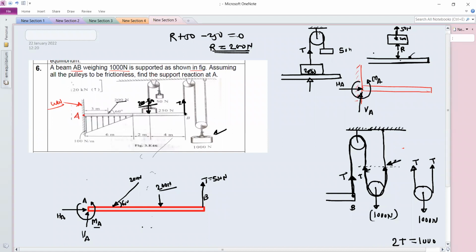And after that, there is a UVL. So this is the UVL.